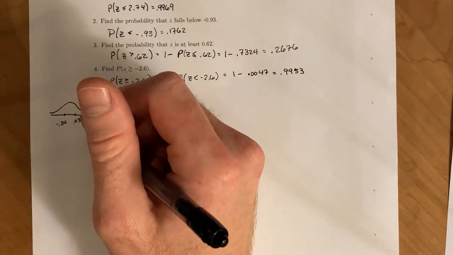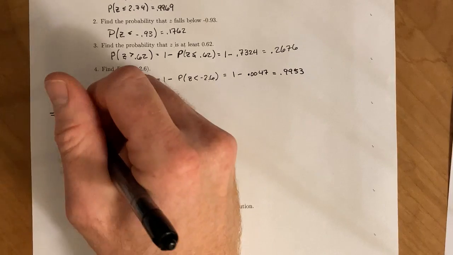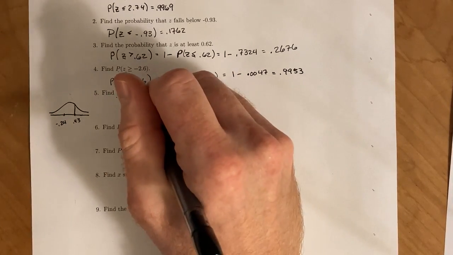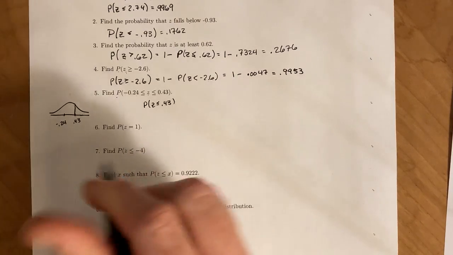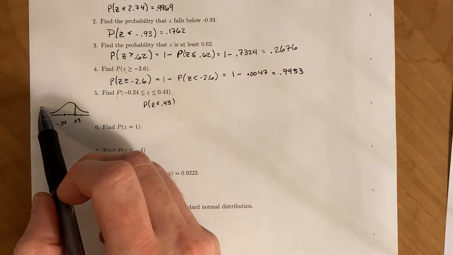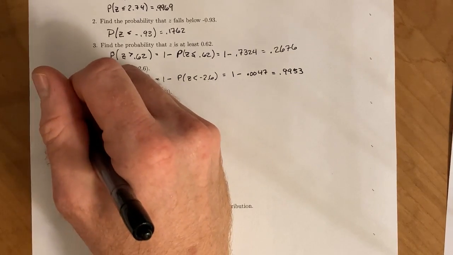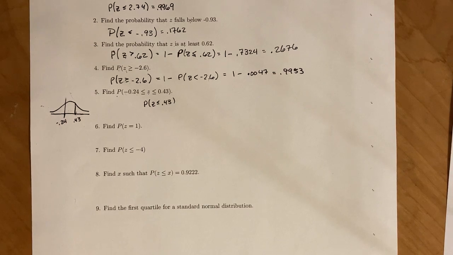Now, if we go ahead and find the area to the left of 0.43, that's going to give us everything to the left. But we don't want anything that's past here, right? So we need to stop at negative 0.24.